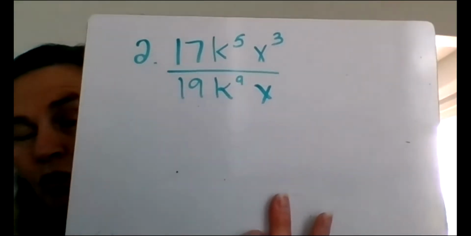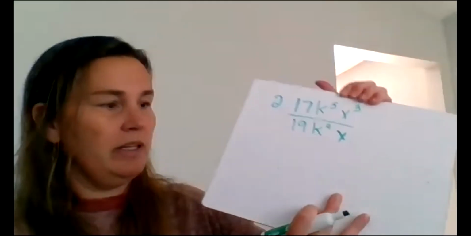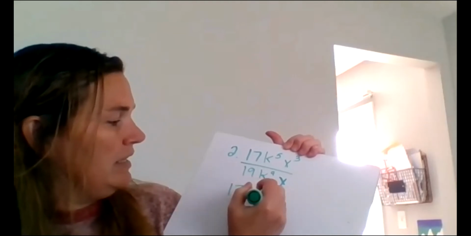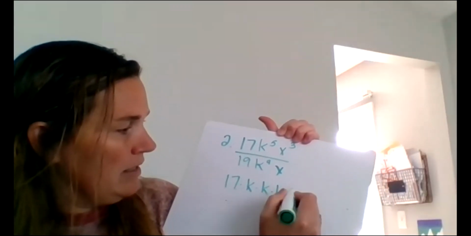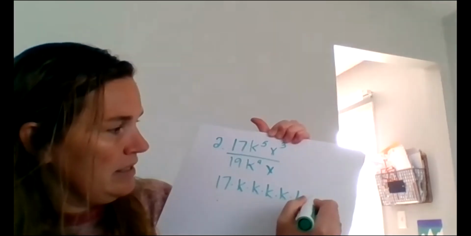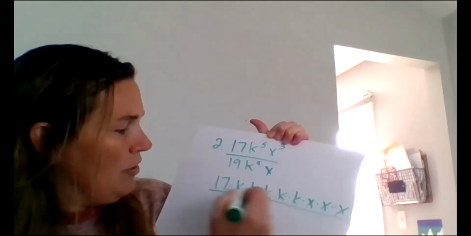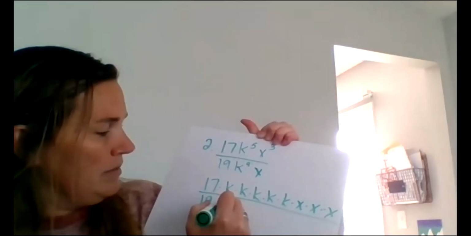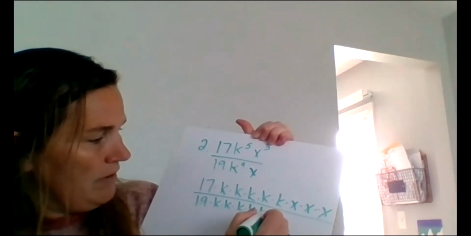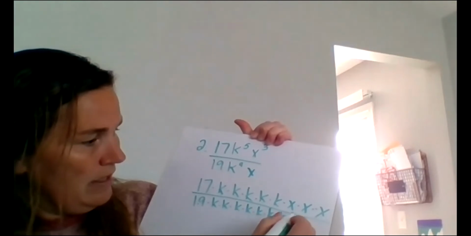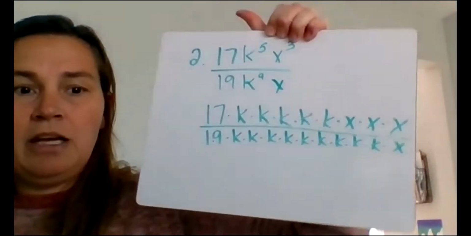Once again, I'm going to write everything out, and it's a little bit hard to do while I'm holding this, but I'm going to try. So I have 17 times k times k times k times k times k times x times x times x over 19 times k, 2, 3, 4, 5, 6, 7, 8, 9 times x.